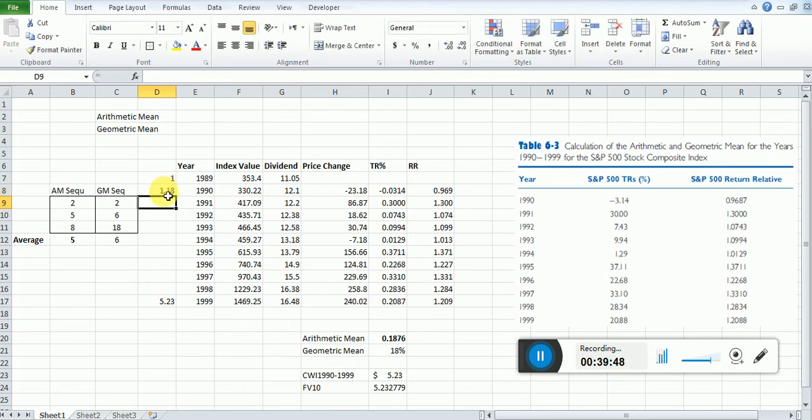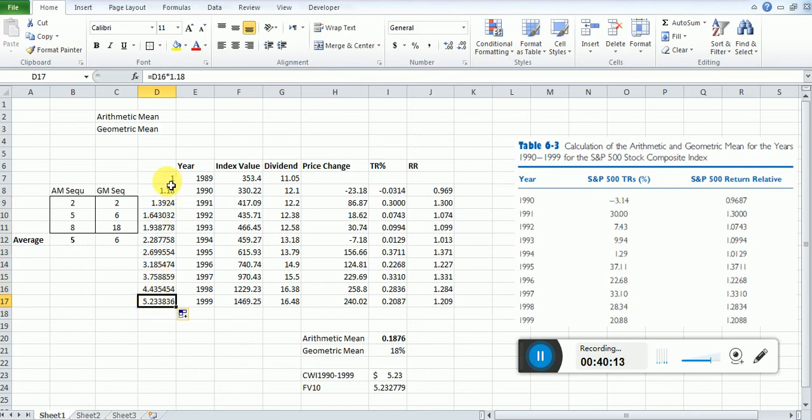And the same in 1991, again on average increase 18%, so multiply this value by 1.18. Then if this value again is increased 18%, it is 1.64. And if this increases 18%, 1.93. And finally the final value we have is 5.23.